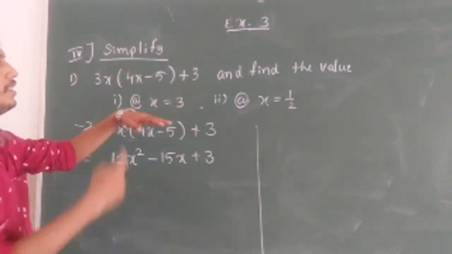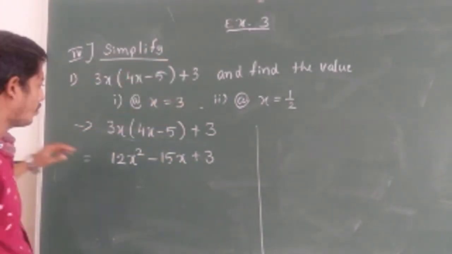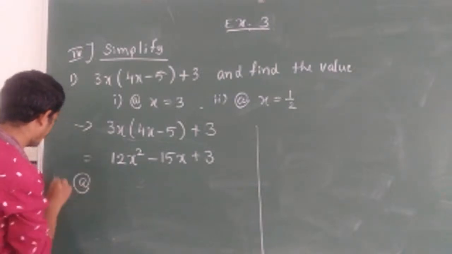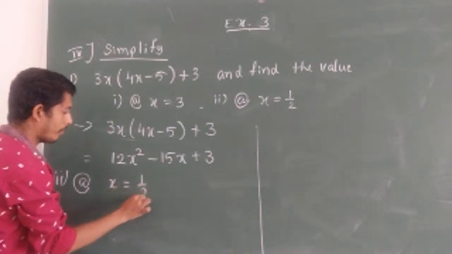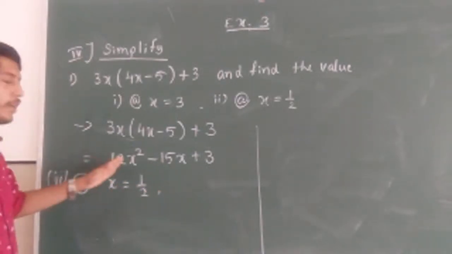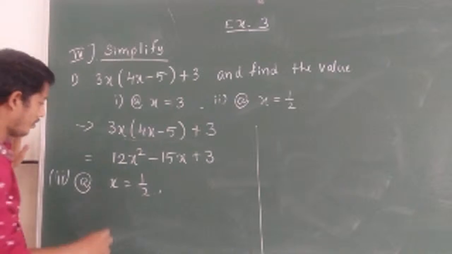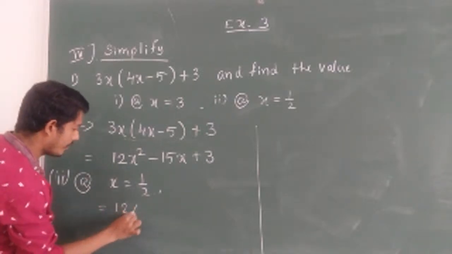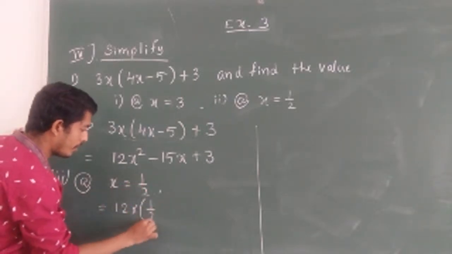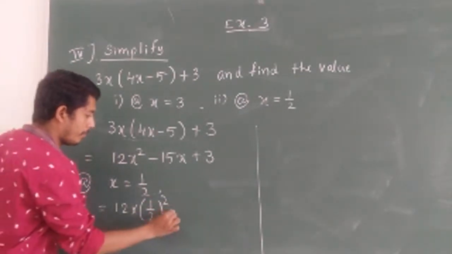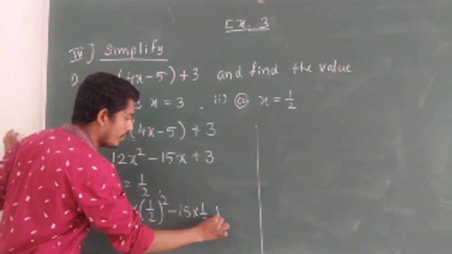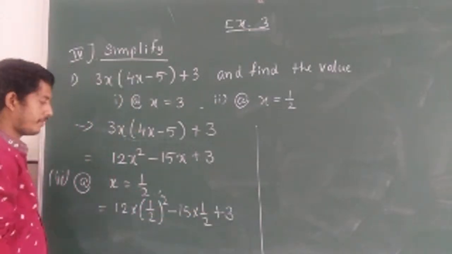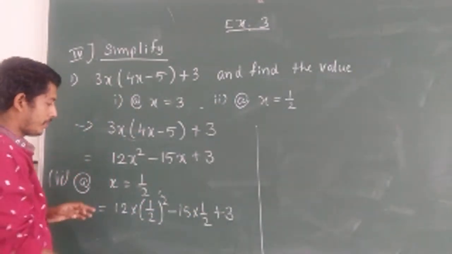Now in the second case, at x equals 1 by 2, wherever x is present I will substitute 1 by 2. So it becomes 12 into 1 by 2 whole square, minus 15 into 1 by 2, plus 3.